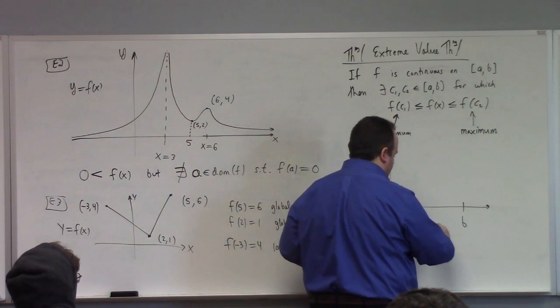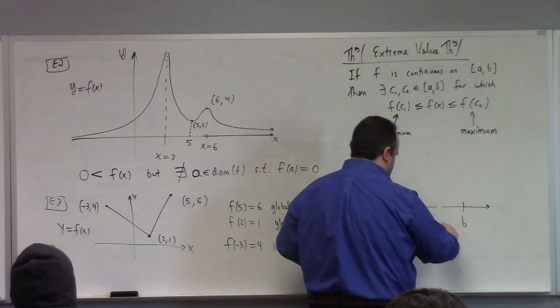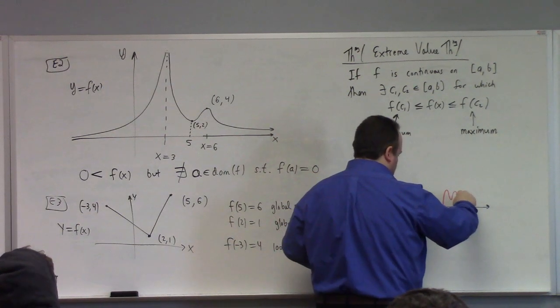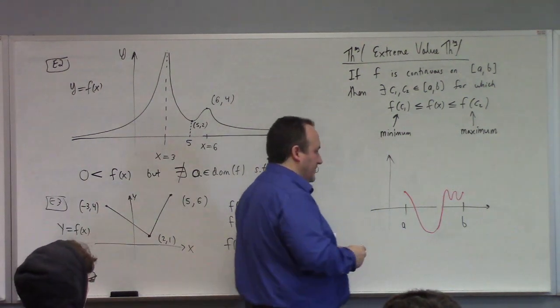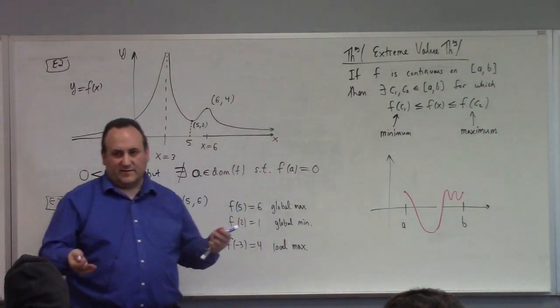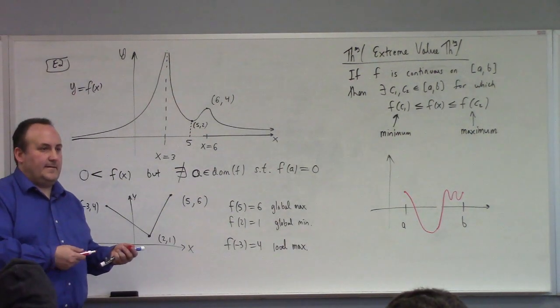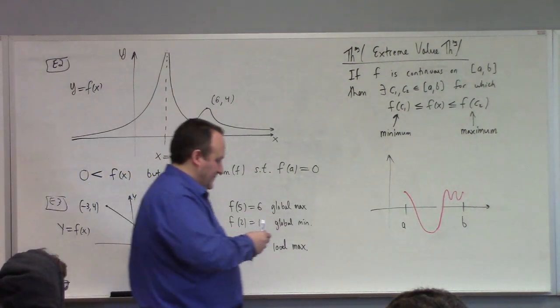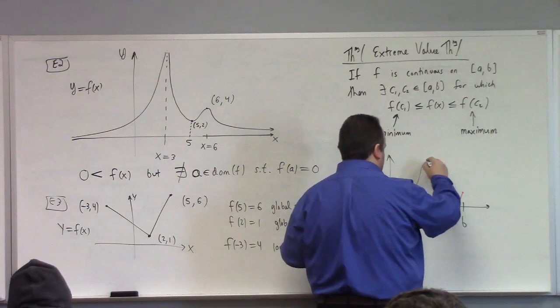So I have to satisfy the vertical line test, but it could do all kinds of crazy stuff, but if it's continuous, it can't jump, right? And so it can't do what's not allowed. But here's a discontinuous function, right? It could do like this. Jump.